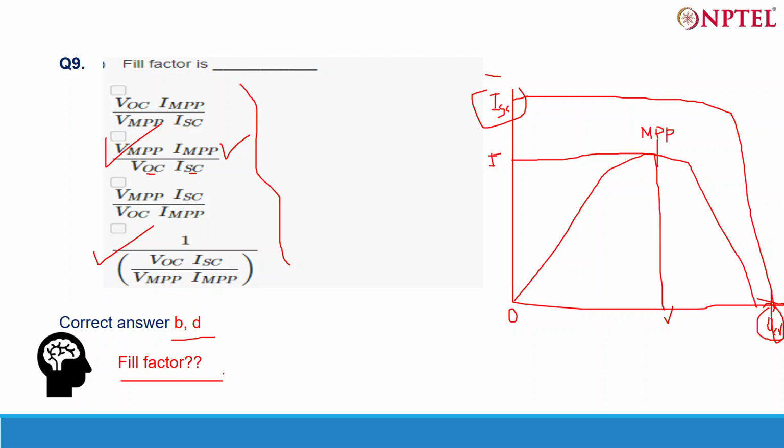Basically, fill factor determines the power conversion efficiency of a solar cell. Whenever we have to determine the efficiency of a solar cell, fill factor is a very important parameter to define the efficiency. Generally, manufacturers mention this fill factor on the label of the carton of the solar cell and in the brochures also.